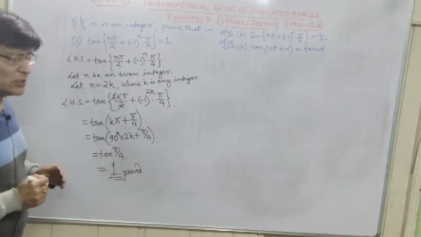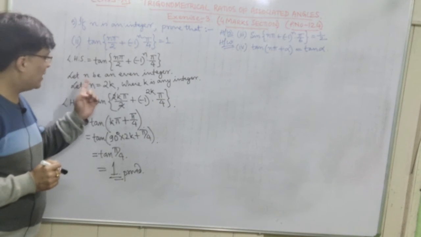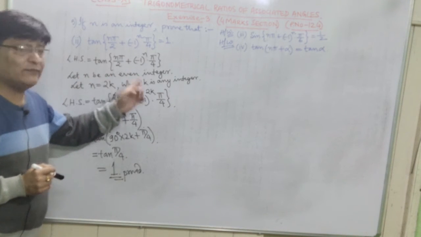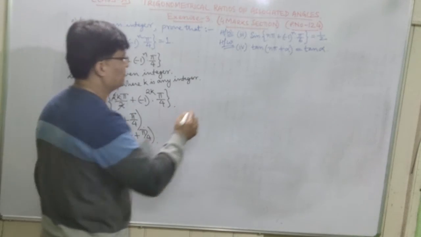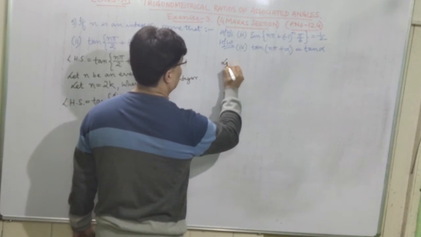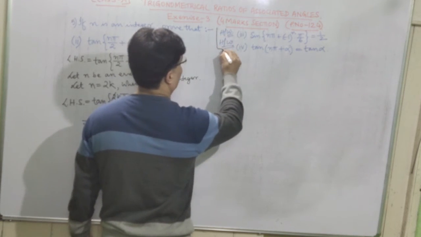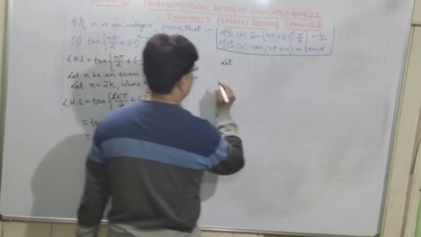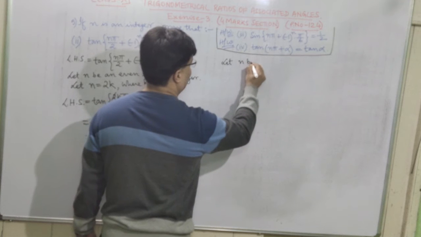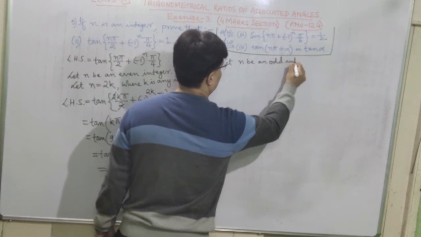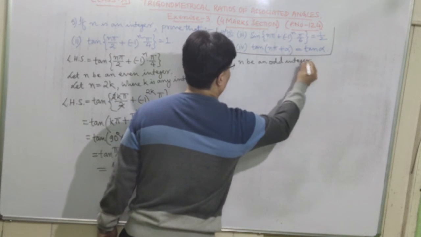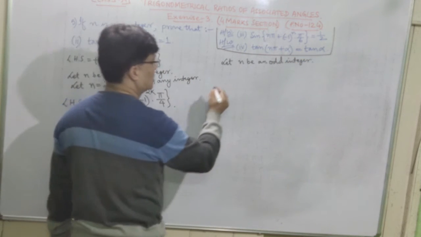Now in this case we had assumed n as an even integer. Let us assume n as an odd integer. Now let n be an odd integer.